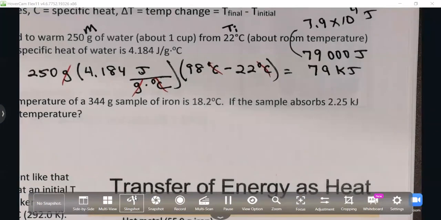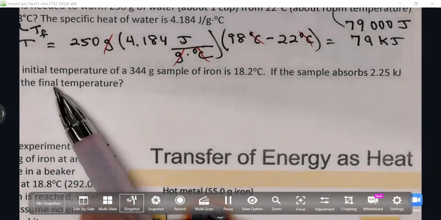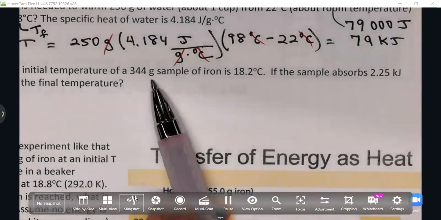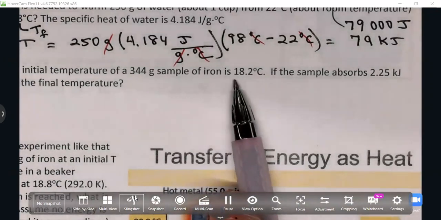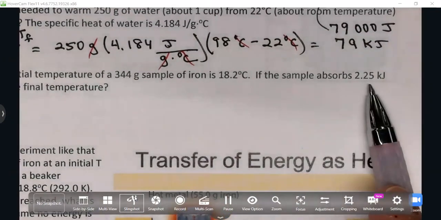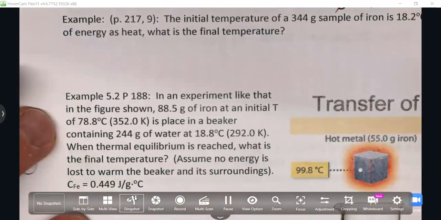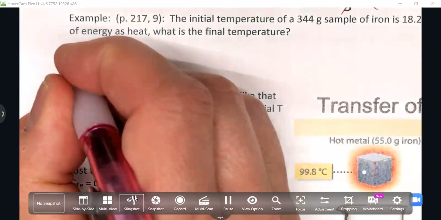Okay, let's do the next one here. The initial temperature of 344 grams of iron is 18.2. If the sample absorbs 2.25 kilojoules of energy as heat, what is the final temperature? So let's identify these to get a better idea.